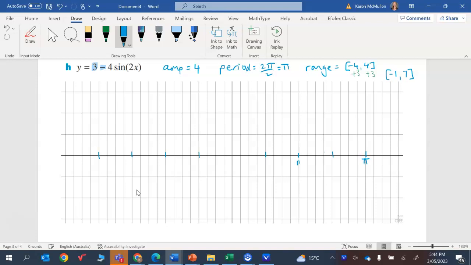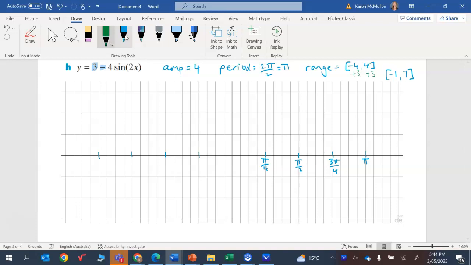So we halve it, and then we halve that, so basically we're going up by pi on 4 each time. Your graph has been reflected. If it's easier for you, you can do the reflection and then do the translation, but I'm going to do it all in one go because I think you're quite capable.